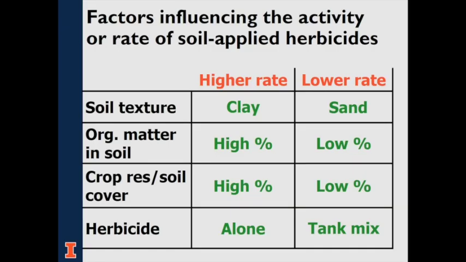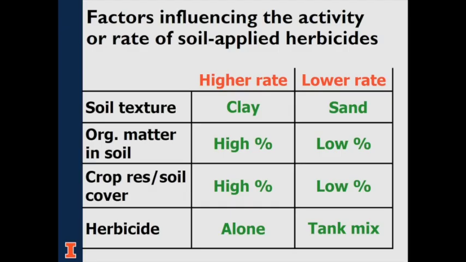Higher rates tend to be required with soils that are high in either clay, organic matter, or crop residue as soil cover. In contrast, lower rates tend to be required with soils that are sandy, low in organic matter, and without much crop residue as soil cover.